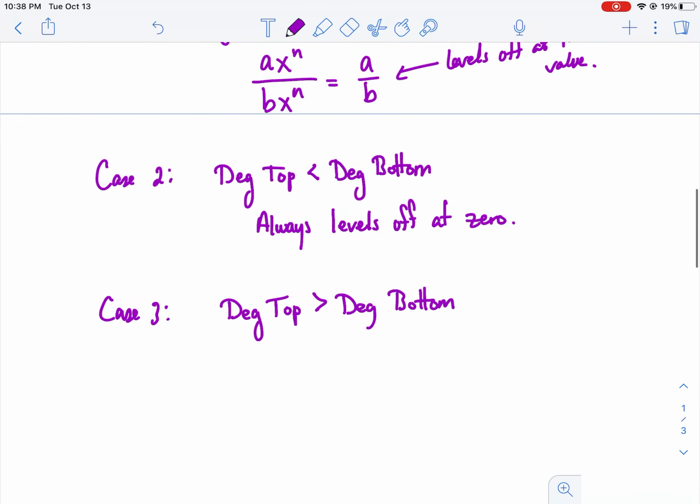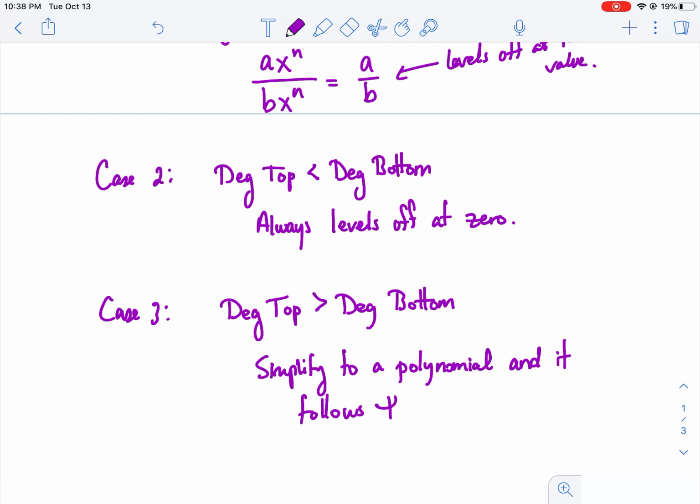And in that case, it's going to simplify to a polynomial, and it follows that end behavior.